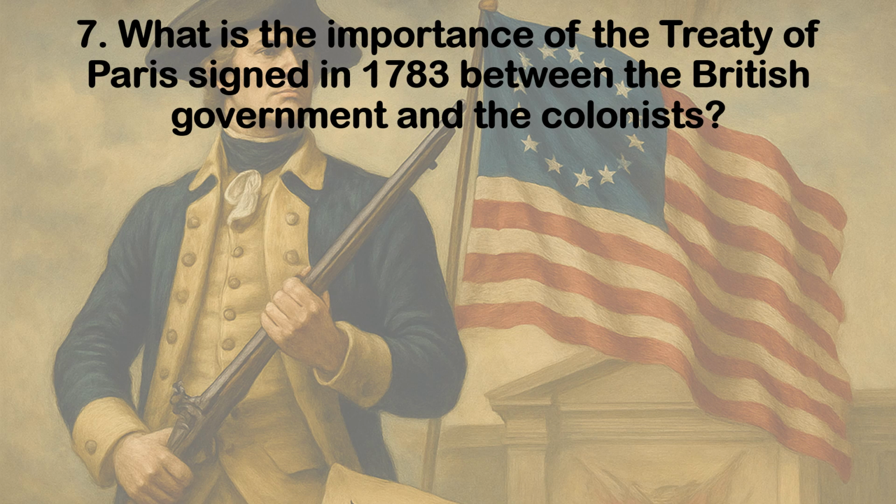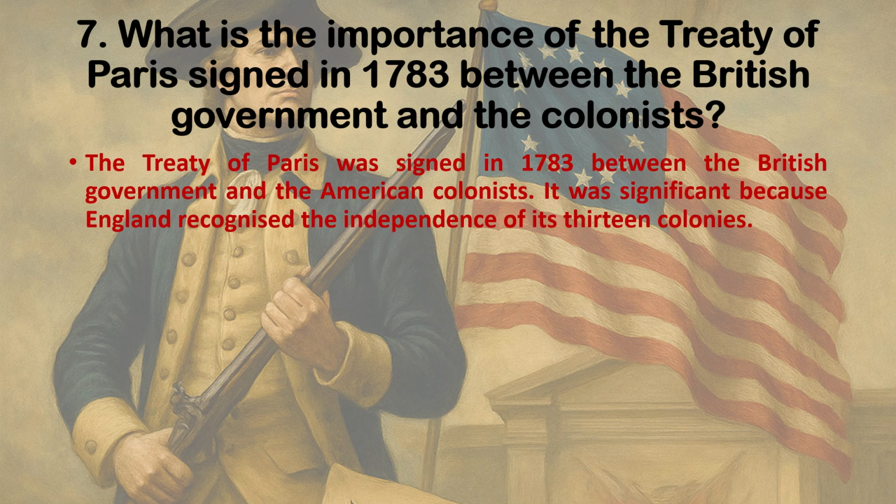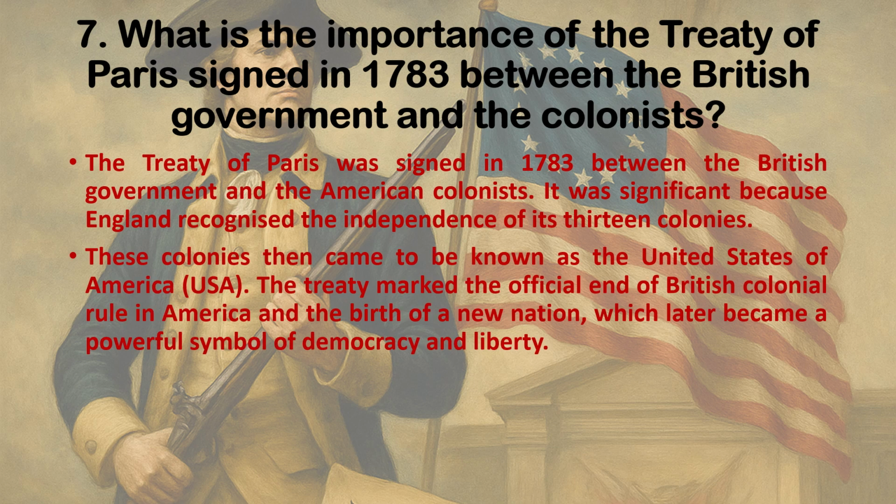What was the importance of the Treaty of Paris signed in 1783 between the British government and the colonists? The Treaty of Paris was signed in 1783 between the British government and American colonists. It was significant because England recognized the independence of its 13 colonies.